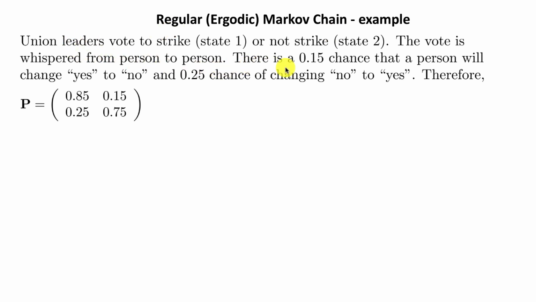Now there's a 15% chance that a person will change yes to no when transmitting it onwards, and a 25% chance of changing no to yes. So the probability transition matrix is the following: yes to yes, 85%, yes to no, 15%, no to yes, 25%, and no to no, 75%.